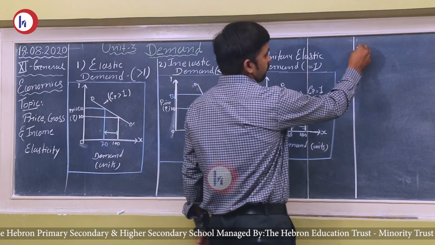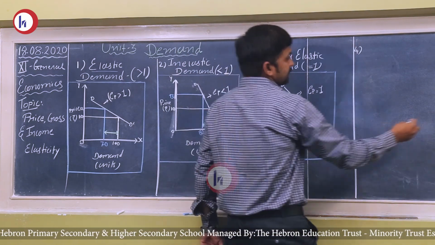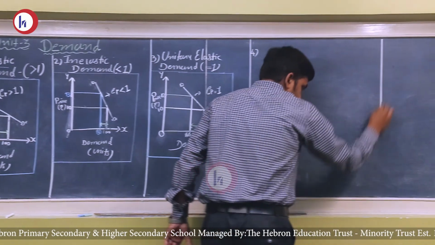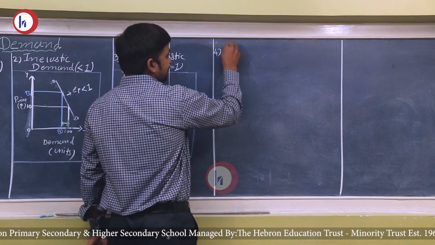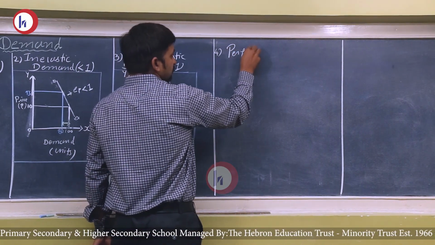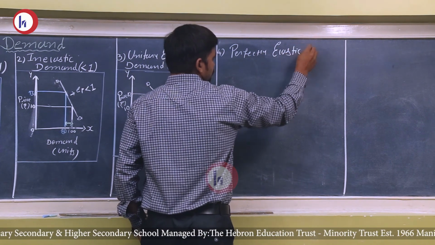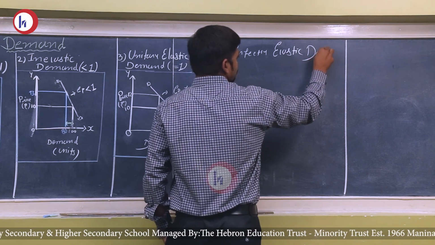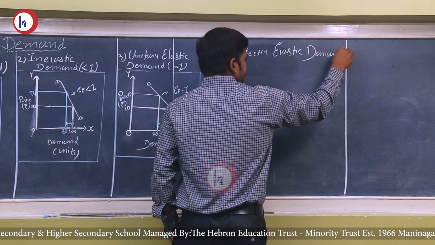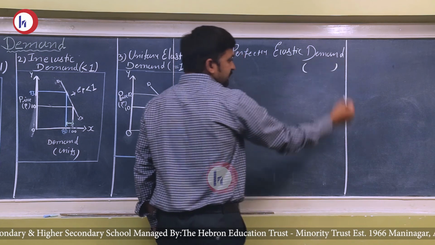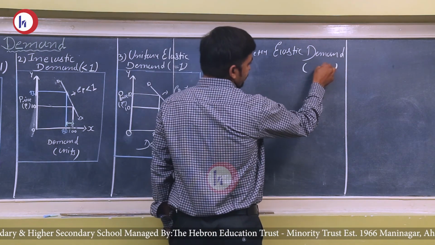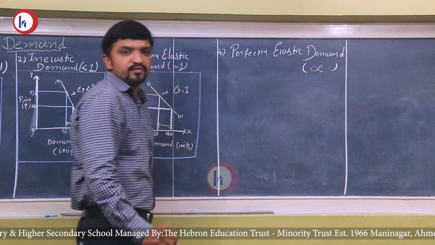So number 4, that is perfectly elastic demand, and the outcome in case of perfectly elastic demand is infinite.